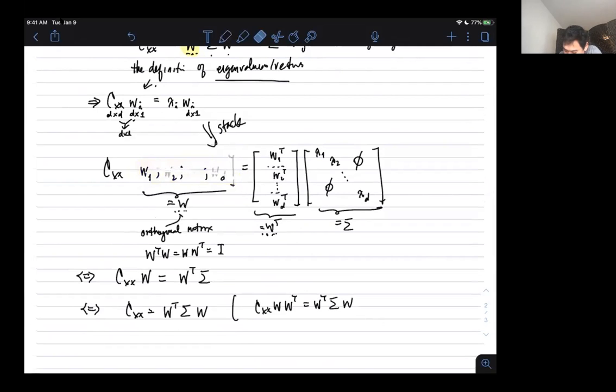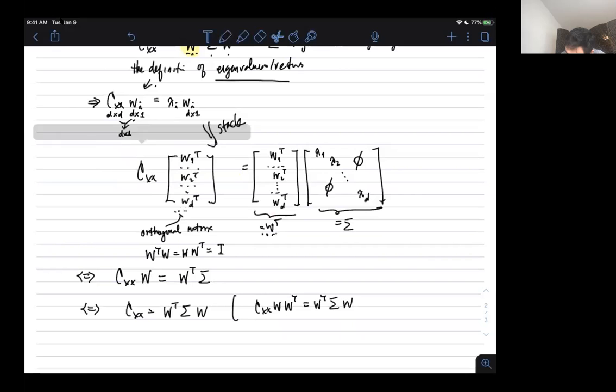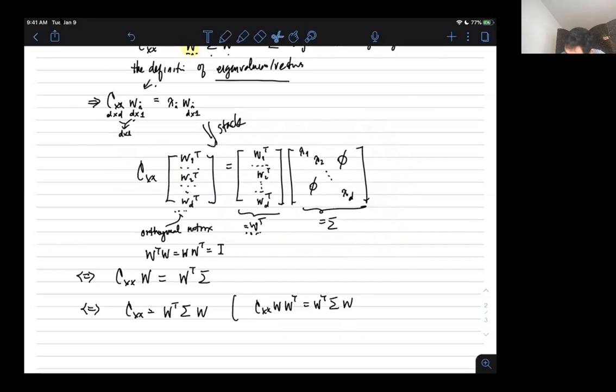This is my bad. This is what happens when you are being a bit sloppy about the dimensions in linear algebra. So here we're going to do the very same thing as on the right-hand side. What I mean is that I'm going to do W1 transpose, W2 transpose, all the way to WD transpose. And in fact, everything still works as usual. I'll just have to move things around a bit.